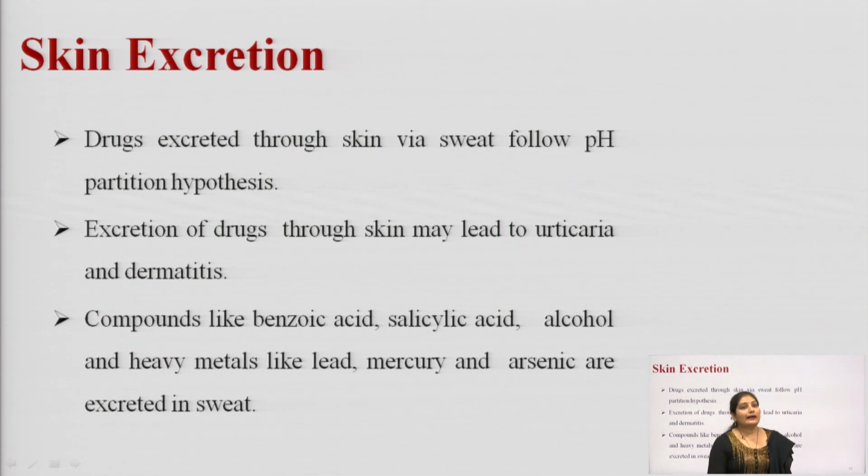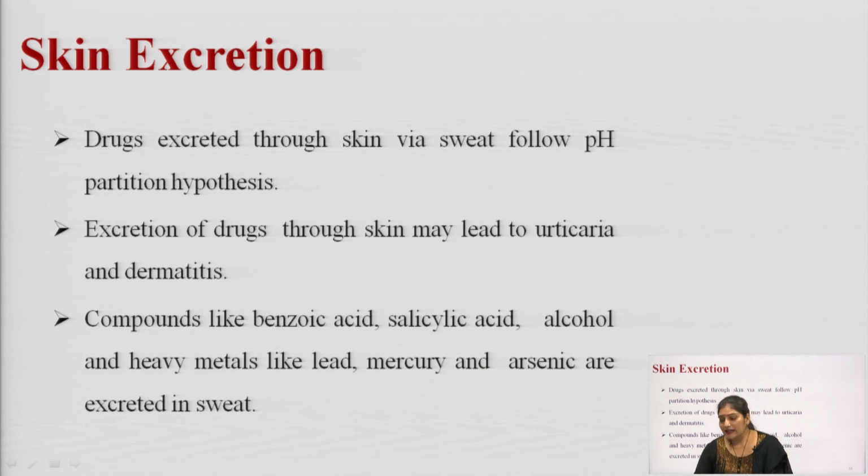Okay. For example, the compounds like benzoic acid, salicylic acid, alcohol and heavy metals like lead, mercury, arsenic, these are excreted out in the form of sweat. Okay. So, there is the passive excretion of metabolites that is responsible for hypersensitivity reaction or urticaria or dermatitis.